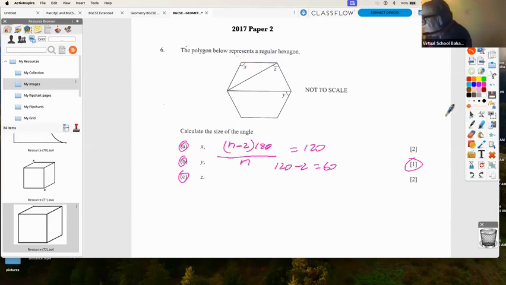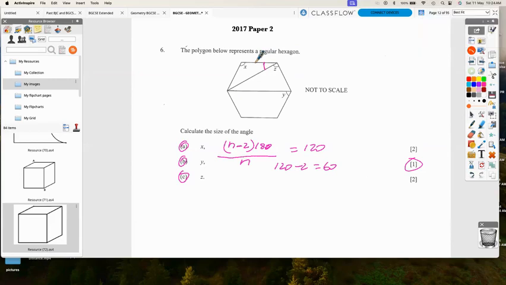Who wants to tell me how we're going to find Z? We can find Z by finding this angle. How can we find that angle? I'm guessing this is... Don't guess. Is it 180 minus 60? No. It would be 180 minus 90, and you divide that by 2. No. All right. What kind of triangle is this?